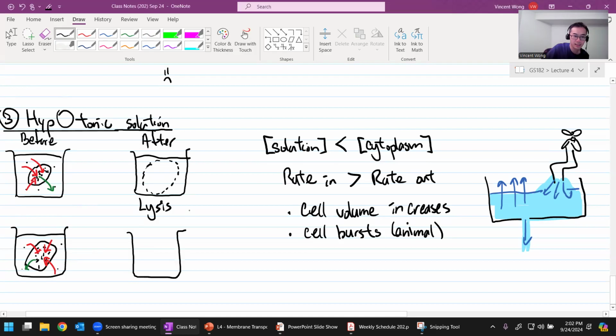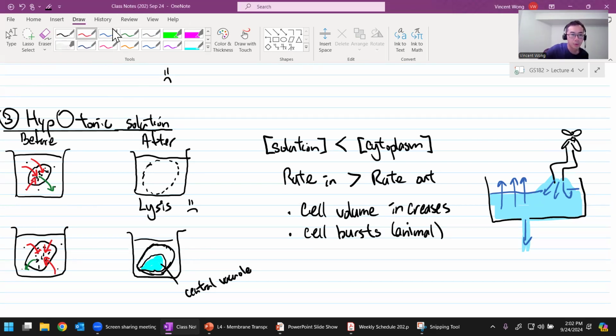Needless to say, it's not happy. It's dead. But for the plant cells here, it just looks really puffy, and it's going to be filled with water. Remember, plants have the central vacuole, right? We learned that last time. And the central vacuole will be filled with water.